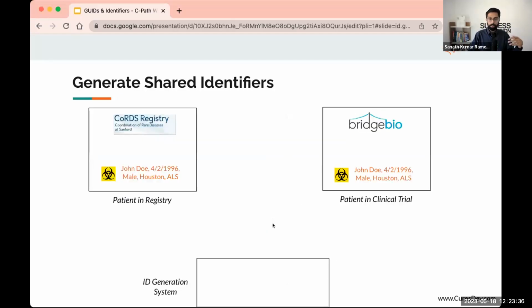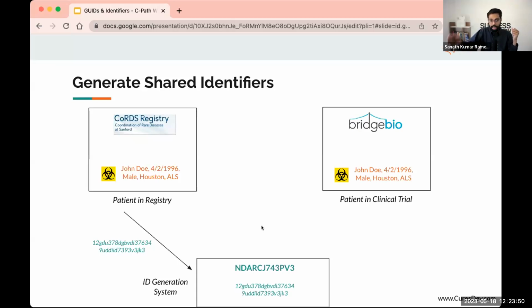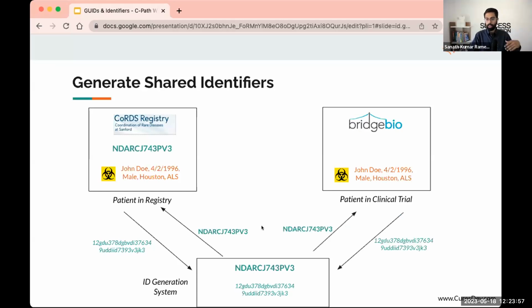So going back to our example, instead of exchanging John Doe's personally identifiable information, CARD's registry would exchange a hash, a token of it. The token is what gets stored in the ID generation system, right? And it still generates an identifier for the patient and returns it back, which gets stored in the CARD registry, similarly with the trial database.